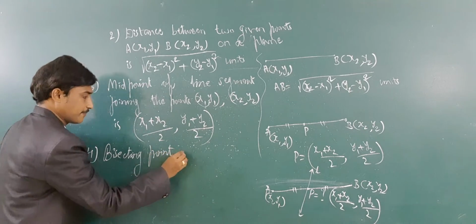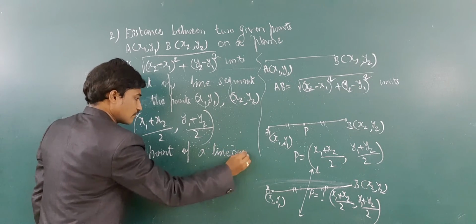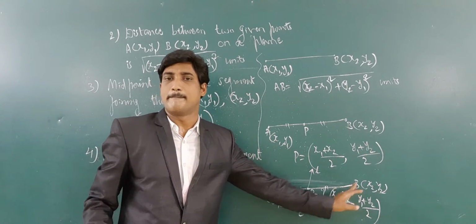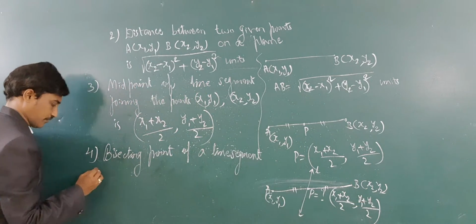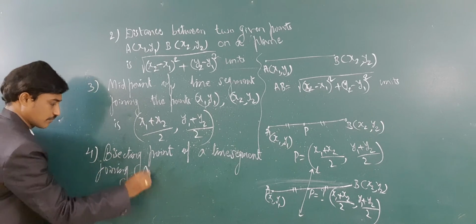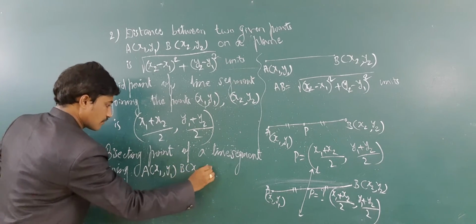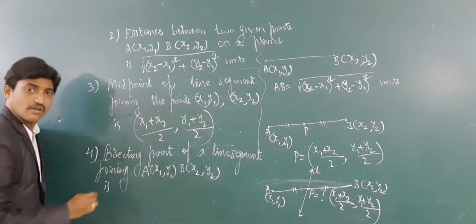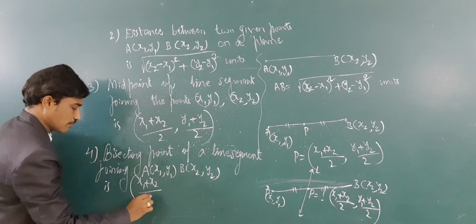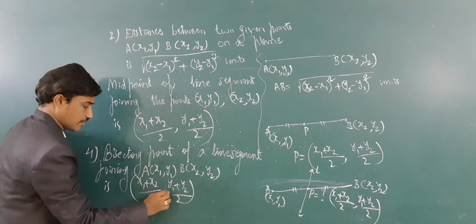Bisecting point formula: the bisecting point of a line segment joining A(x1, y1) and B(x2, y2) is (x1 plus x2) by 2, (y1 plus y2) by 2.